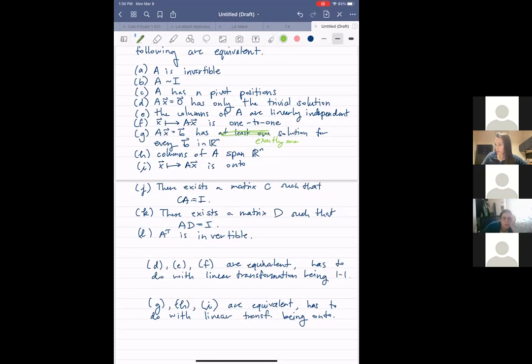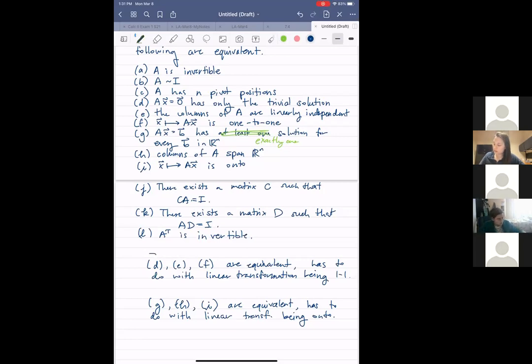So if you want to replace that with exactly one, that's fine with me. I think it's because the textbook talks about existence and uniqueness a lot as different concepts, so they're trying to keep them separate. Right, so there are all these different ways of thinking about it, but it is true. It will be both one-to-one and onto, right?